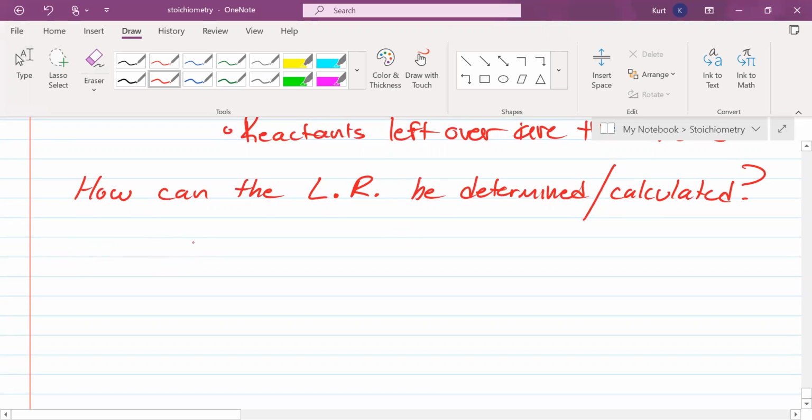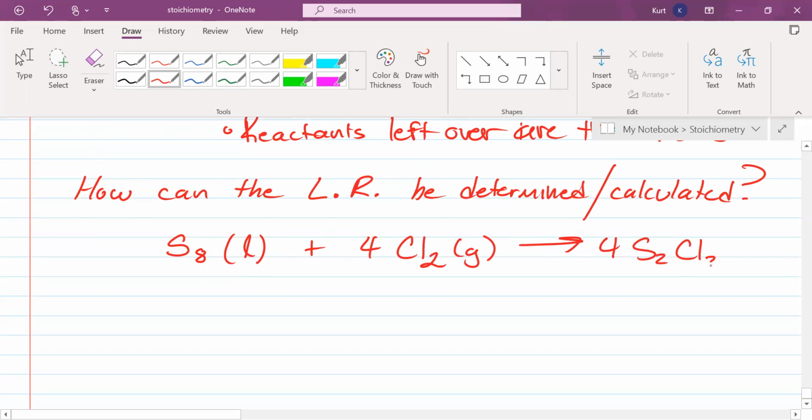Let's say we have the equation sulfur, which is a liquid, S8, reacts with 4 moles of chlorine, which is a gas, to yield 4 moles of disulfur dichloride, which is a liquid.